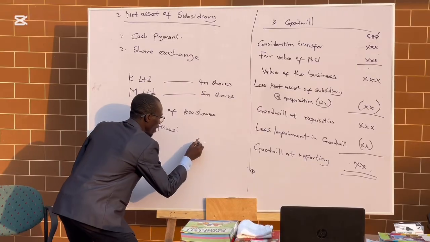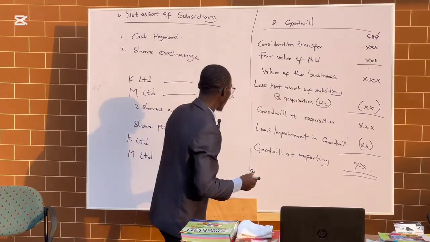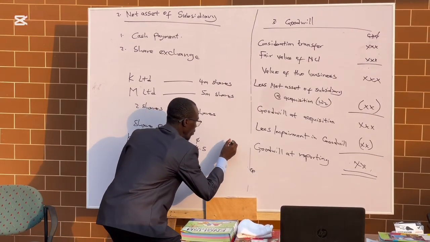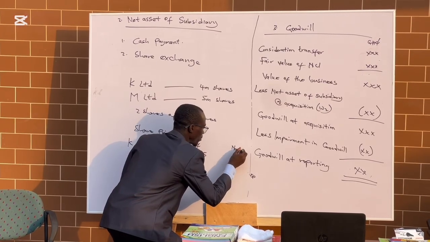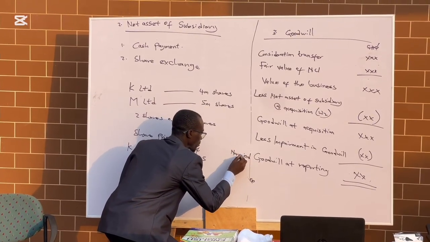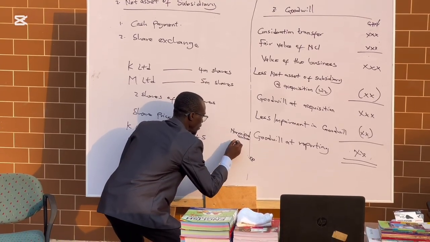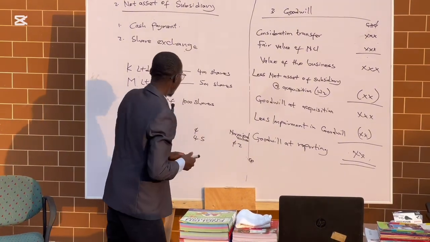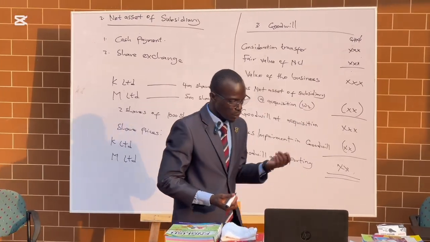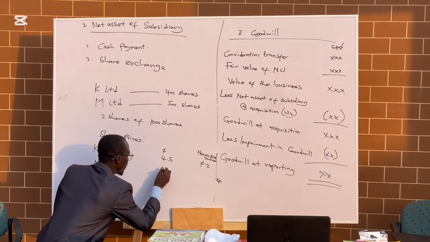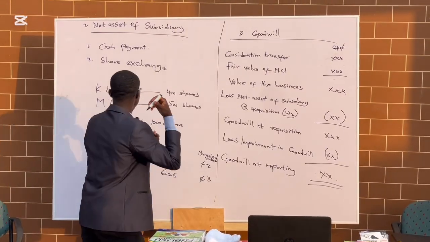We have 4.5 here, and also the nominal value, which is 2 cedis, for the parent. The subsidiary is having 6.25 and a nominal value of 3 cedis.